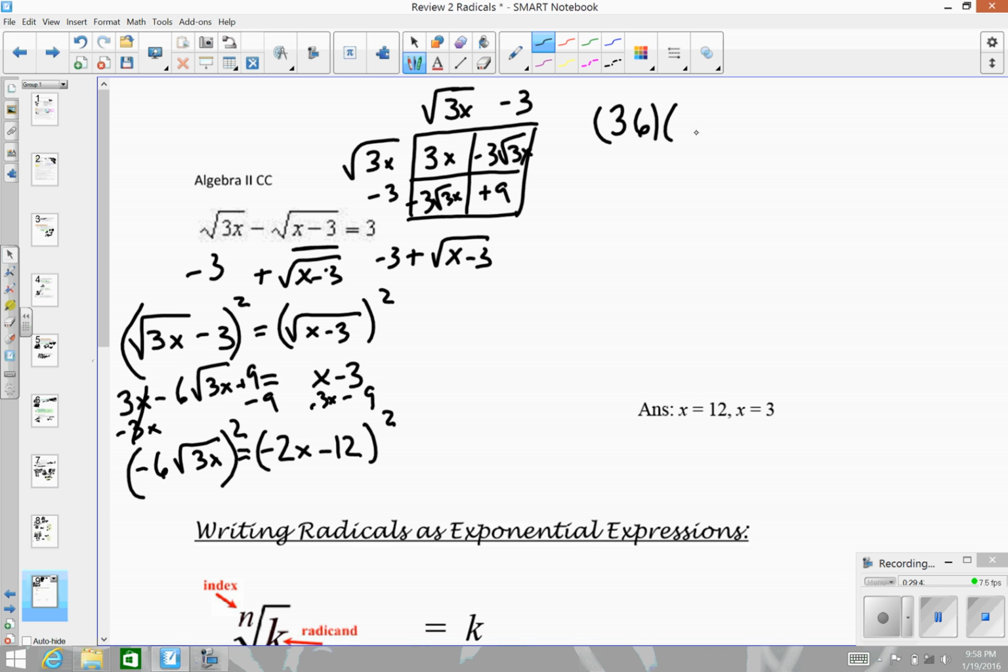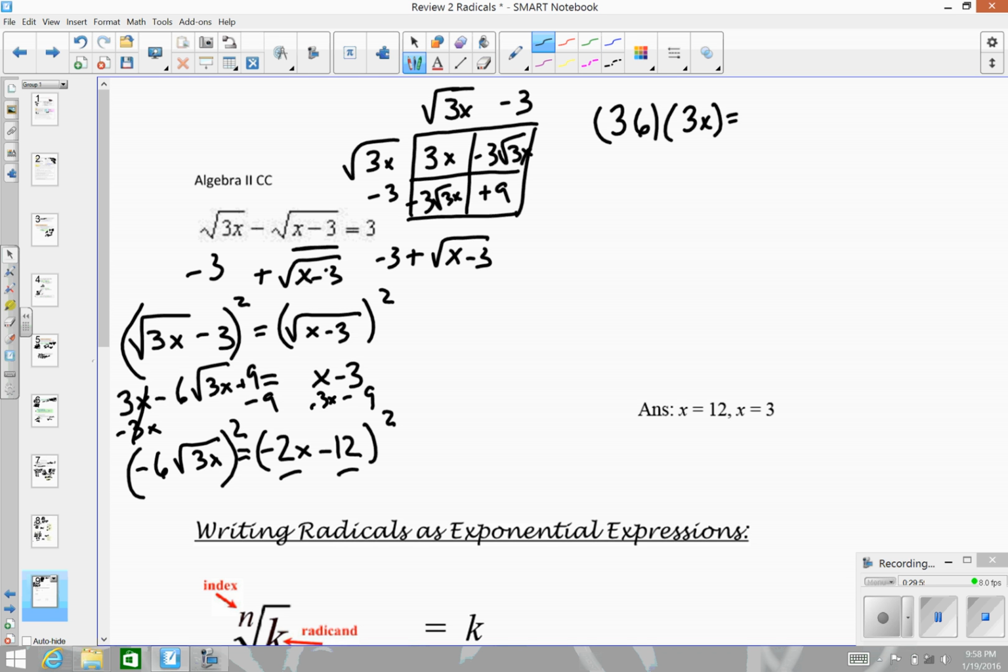multiplied by 3x equaling, and I need to do this binomial multiplication. So you can create a box again to multiply these two terms.